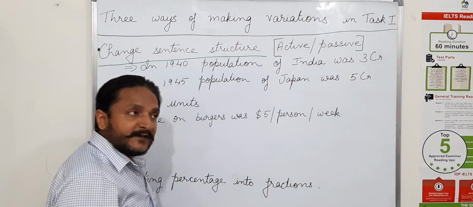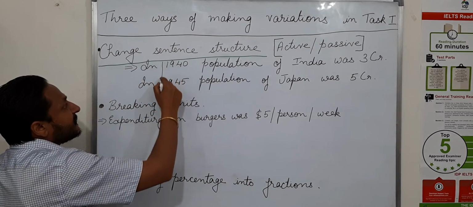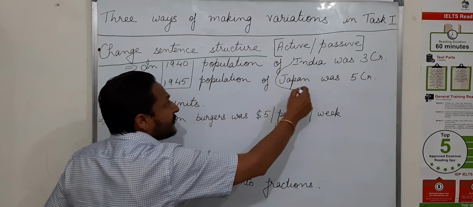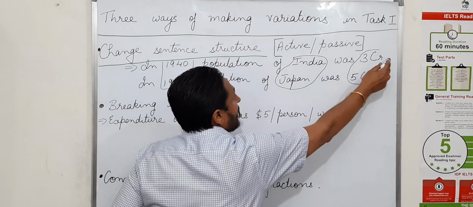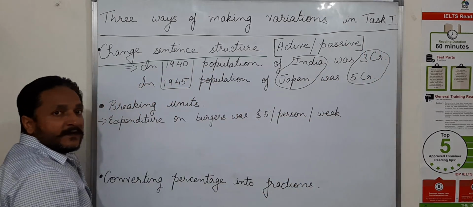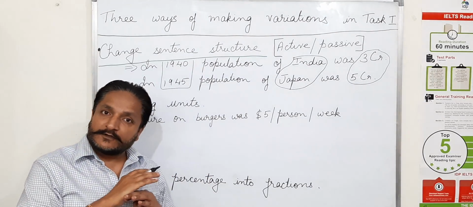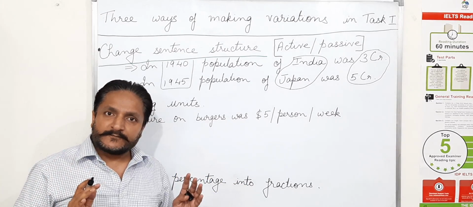So what is happening is, we are changing the year, we are changing the country, and we are changing the population or the value of the data. And the sentence construction of the whole of the sentence is absolutely the same.